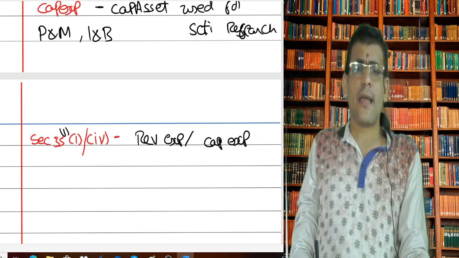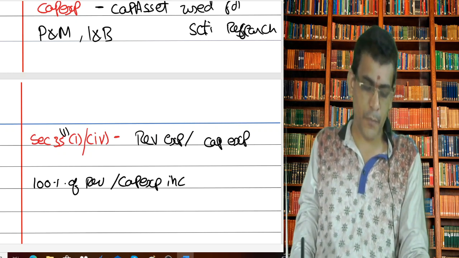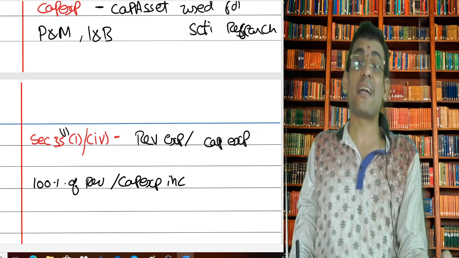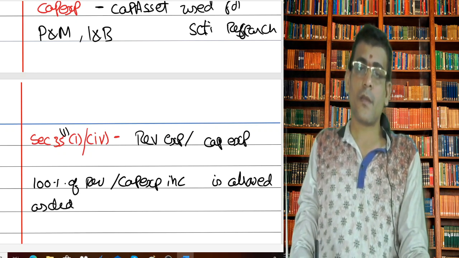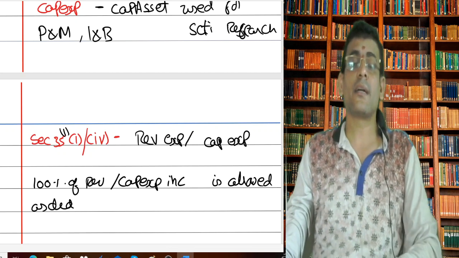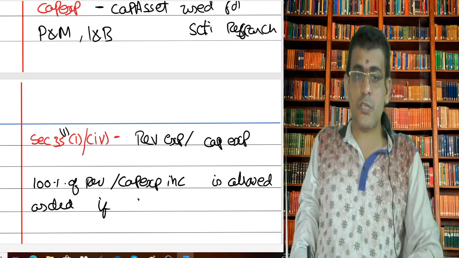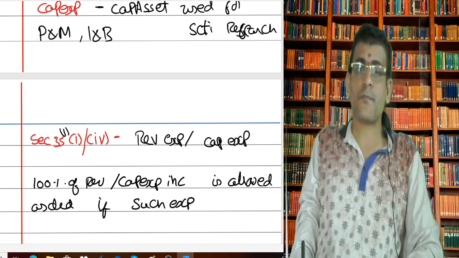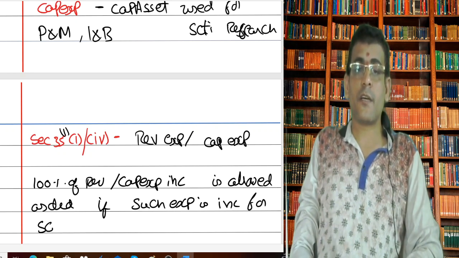What the act says, 100% of your revenue expenditure or 100% of your capital expenditure is allowed as deduction, provided the revenue expenses and the capital expenses are incurred for the purpose of scientific research.